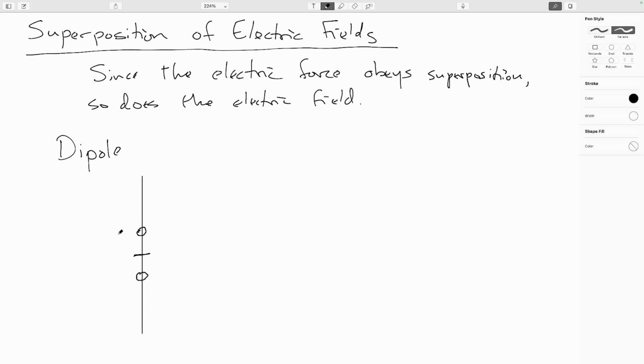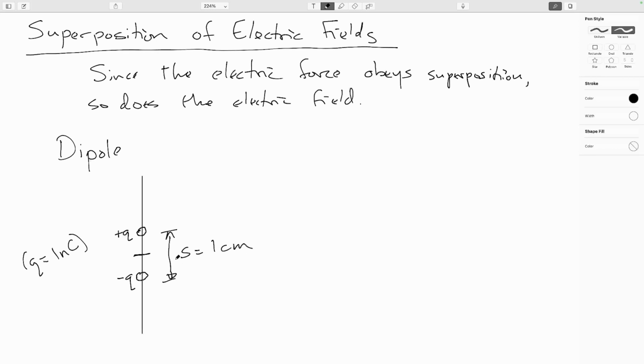We'll say that this is a charge plus Q, this is a charge minus Q. So it's the same magnitude charge, and to make it concrete, let's say that the magnitude of each of these charges is 1 nanocoulomb. Now the separation of our dipole, which is usually denoted with the letter S, let's make it 1 centimeter.